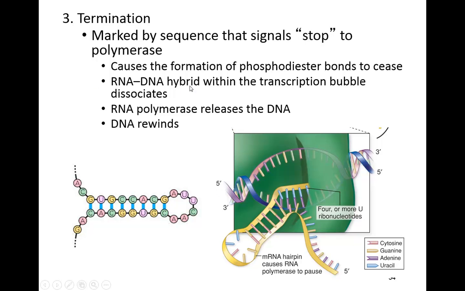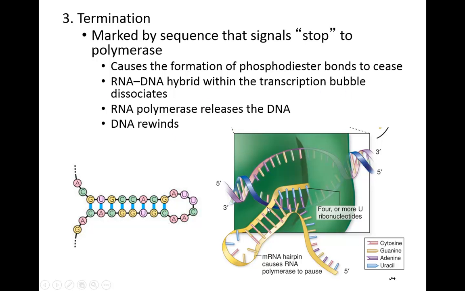Termination then is the final step, and that is marked by a sequence that signals stop. The polymerase gets to the sequence, okay, we're done transcribing. The phosphodiester bonds between the nucleotides are no longer made, and the RNA-DNA hybrid within the transcription bubble dissociates.